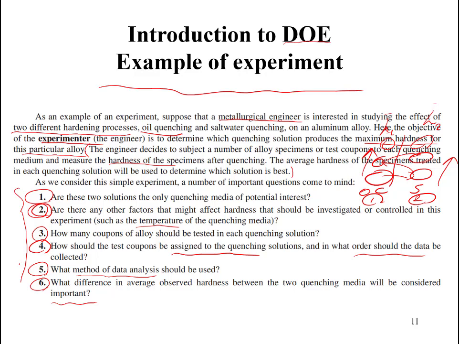For example, if you select factorial design of experiment, which is one of the designs of experiment, then you can have just a limited type of data analysis. So the design of experiment which you select will determine the processing after data collection as well.